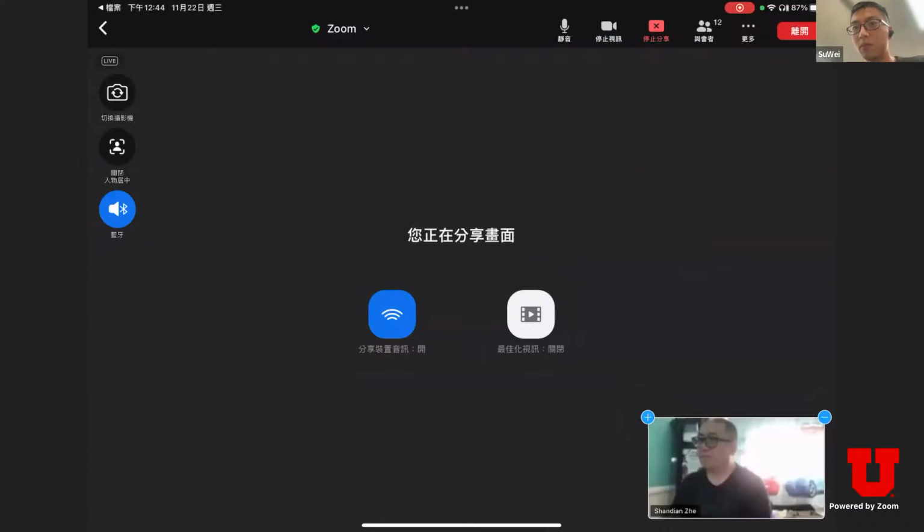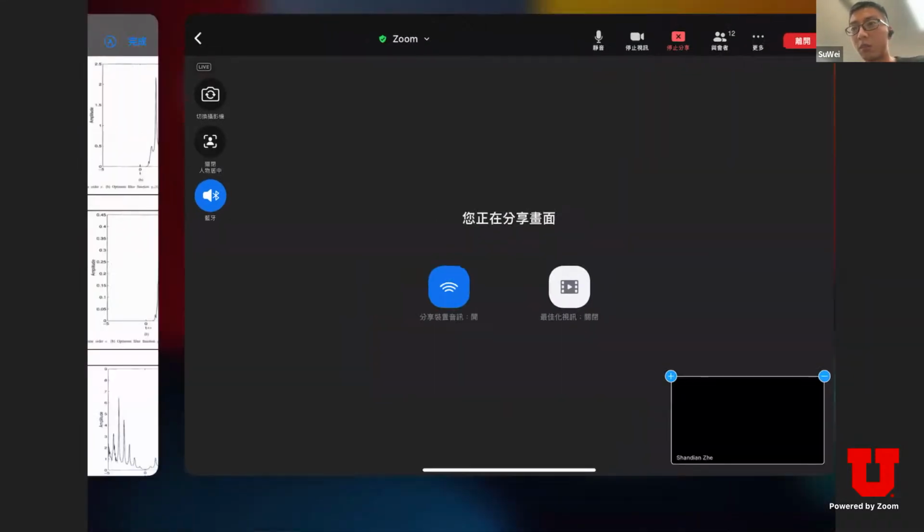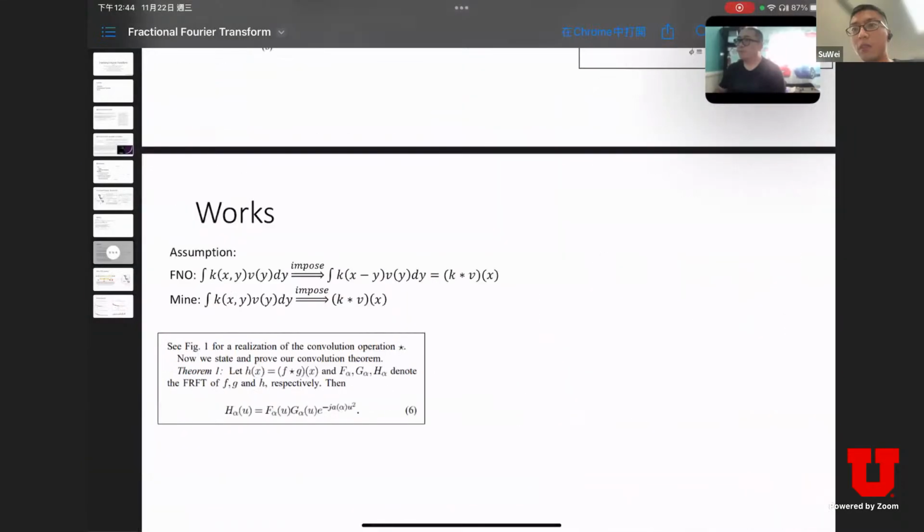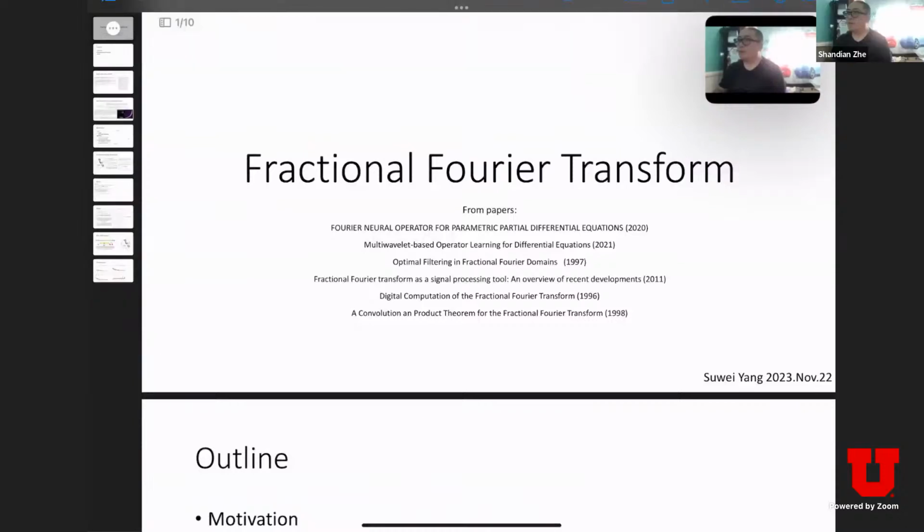I think it's still on the Zoom app, right? Sure. Do you guys see my screen now? Yeah. Okay, yeah, we can see.